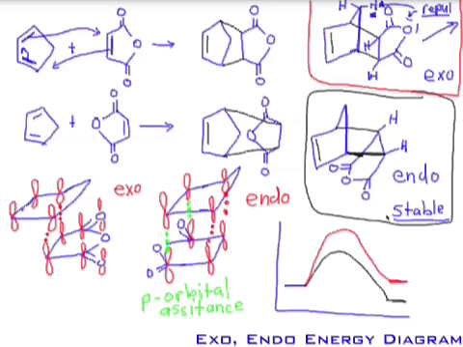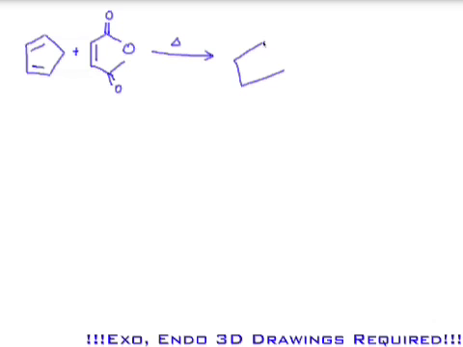And so if I make these two products, I can indicate who's major. So when I have the reaction, let's just draw it. And I expect you to draw the 3D edge-on view. If I give you cyclopentadiene in a reaction, and maleic anhydride, and I say, here's some heat, give me the products, I expect you to draw this.